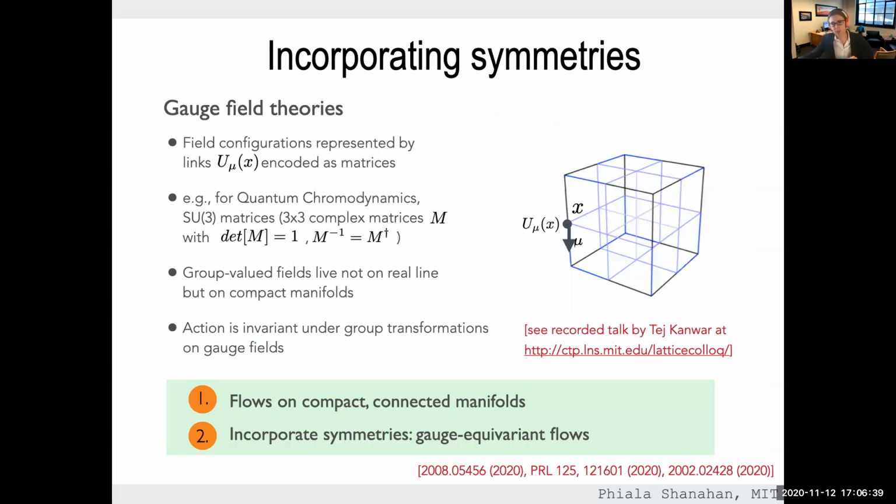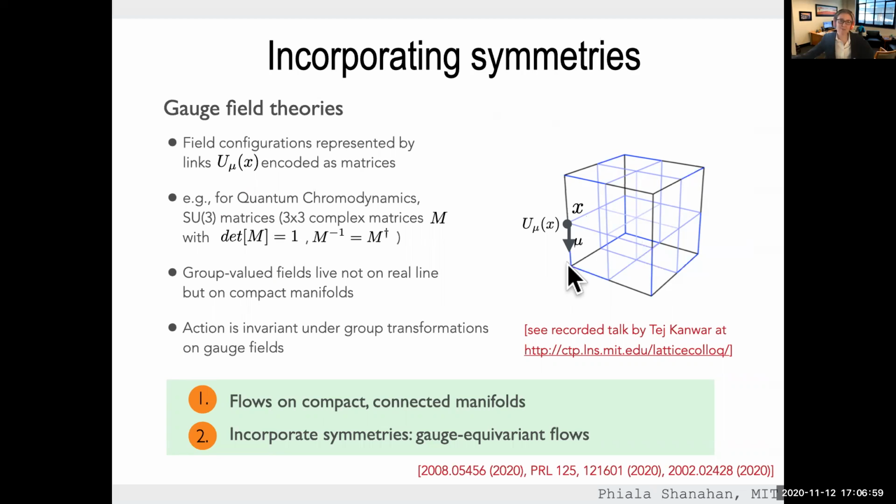And as I indicated, one of the big challenges is incorporating symmetries. So our field configurations are represented not as in the scalar field example I gave, with a number at each site of a lattice, but by links on our lattice encoded as matrices.